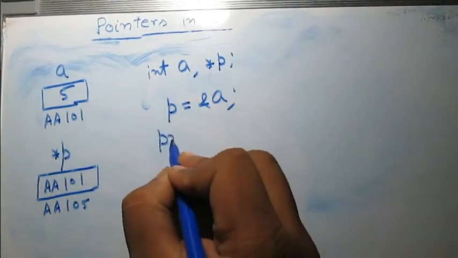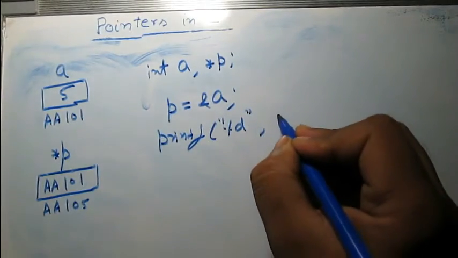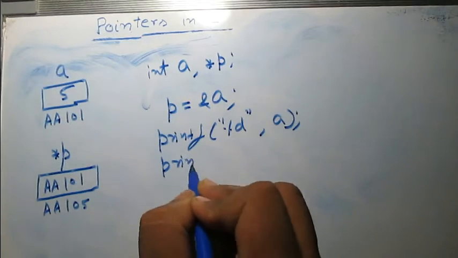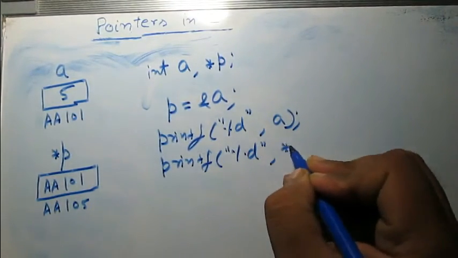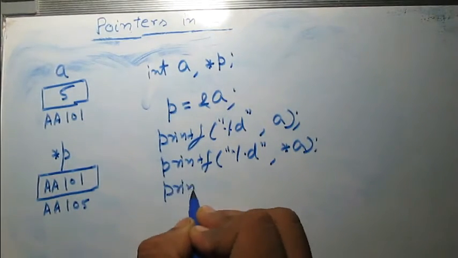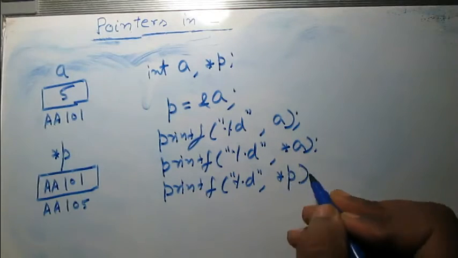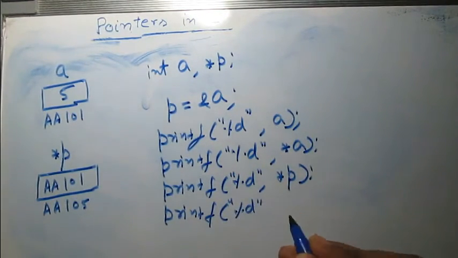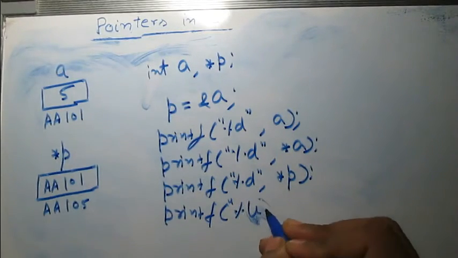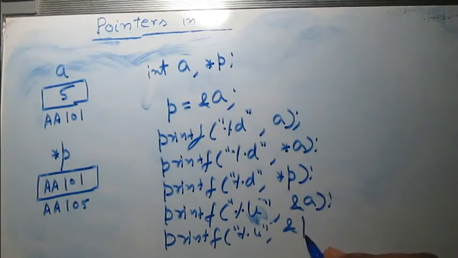Now suppose I write printf("%d", a), printf("%d", *a), printf("%d", *p), printf("%u", &a), printf("%u", &p).